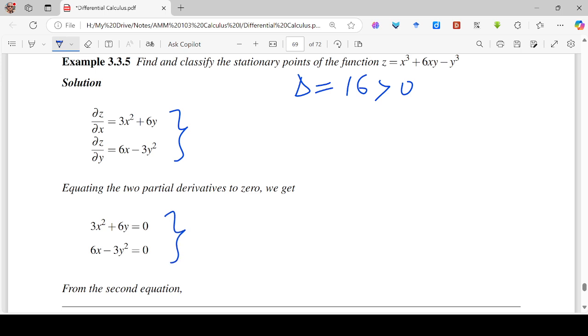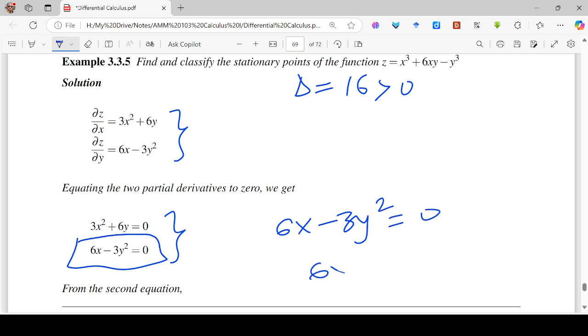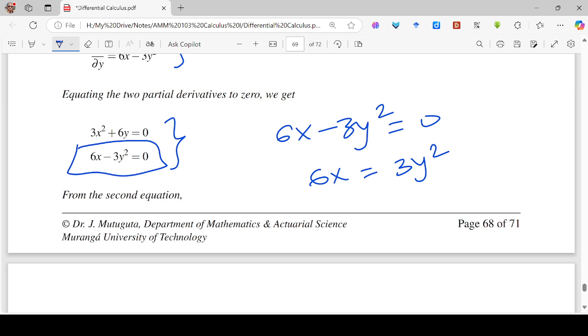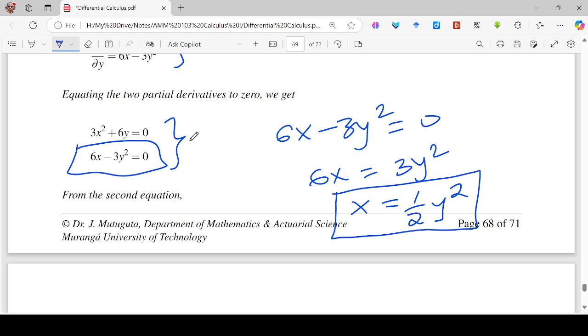Then from the second equation here, 6x minus 3y squared is equal to 0. We can write 6x is equal to 3y squared, from which when we divide both sides by 6, we get x is equal to a half y squared. Then we substitute this into the first equation.